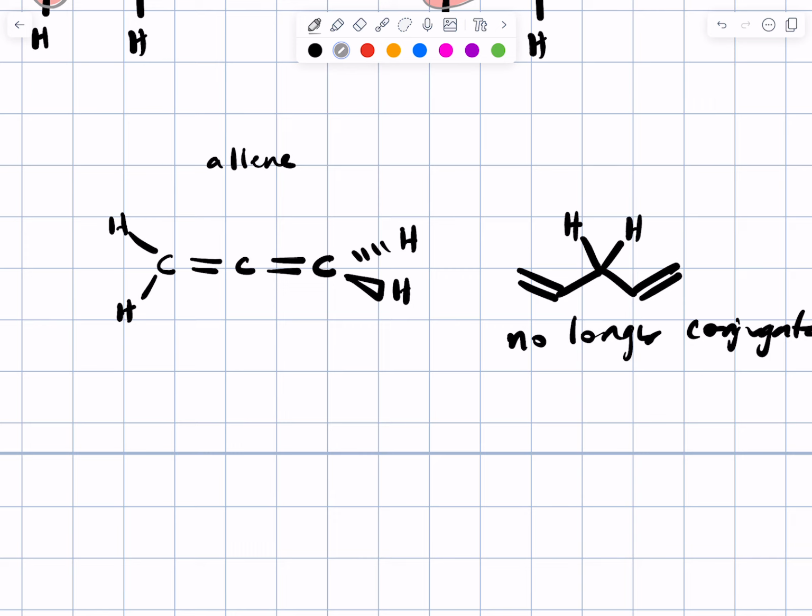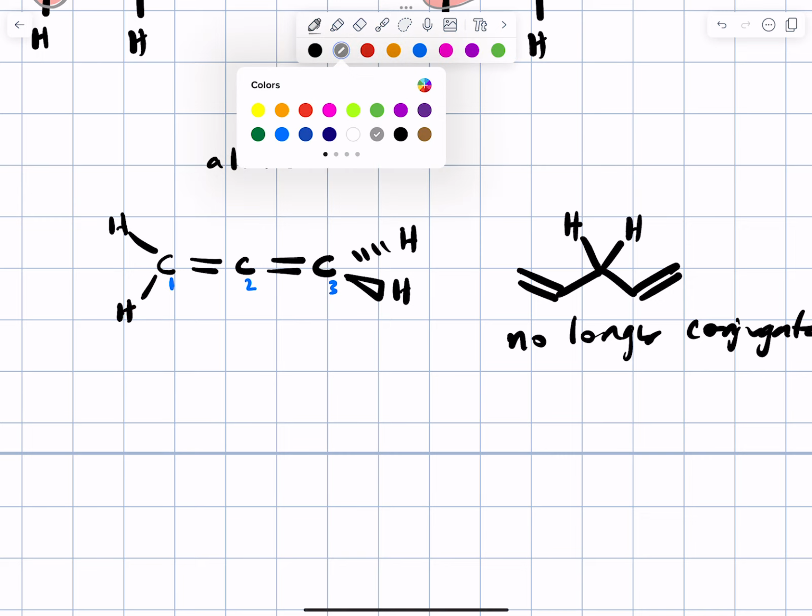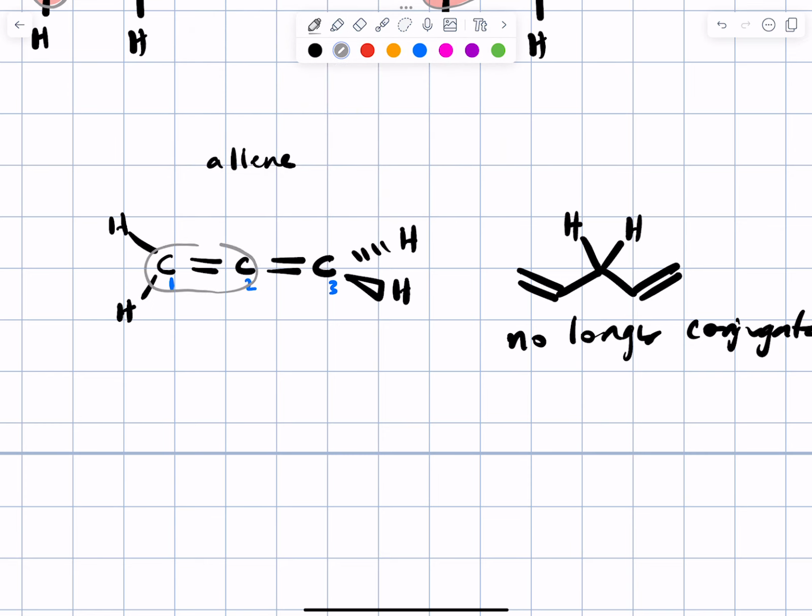And the reason for this is that, we'll call this carbon 1, 2, and 3, the pi bond between 1 and 2, if you look at carbons 1 and 2, the CH bonds on carbon 1 are all in the plane of the page, as is this carbon, which means that the pi bond between carbons 1 and 2 must be above the plane of the page and below the plane of the page, like this.